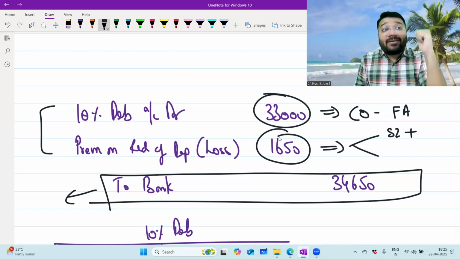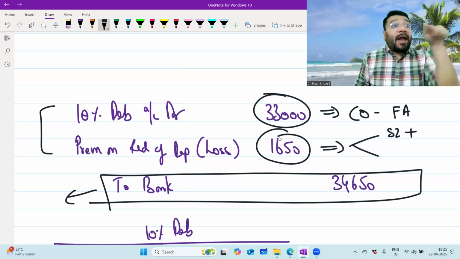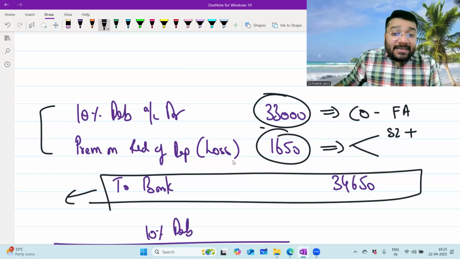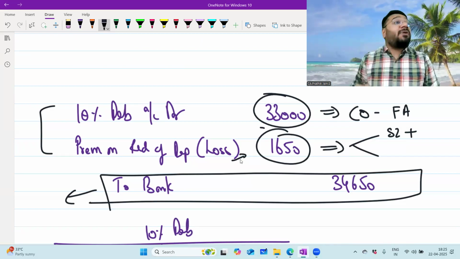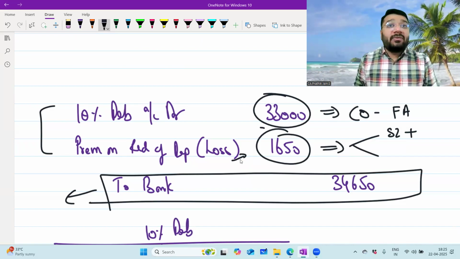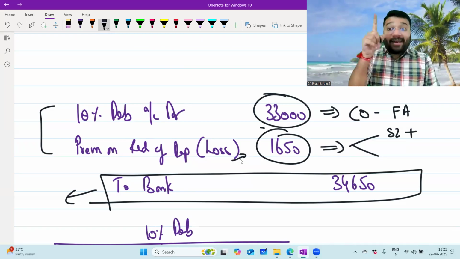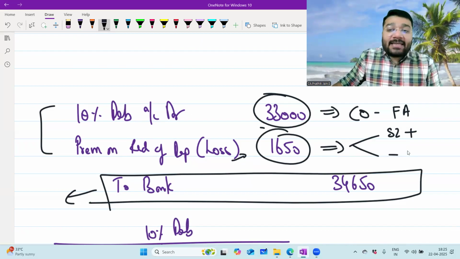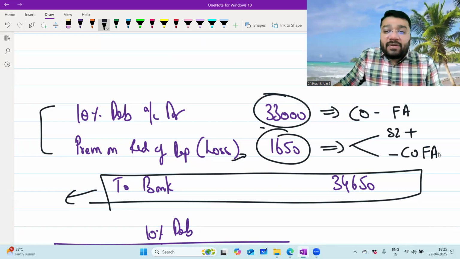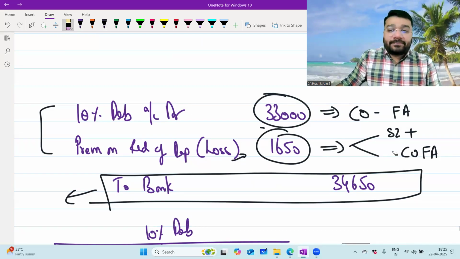But minus where? In the financing activity. Now, where did you minus it earlier? This 1650, you have to record in your finance cost, so it got minus from your net profit before tax and extraordinary items. So minusing in the operating activity, is it right? No. So we have to add back. So in segment 2, we'll add it back and minus again in the cash flow of the financing activity. Any problem here? Online people, any problem here?